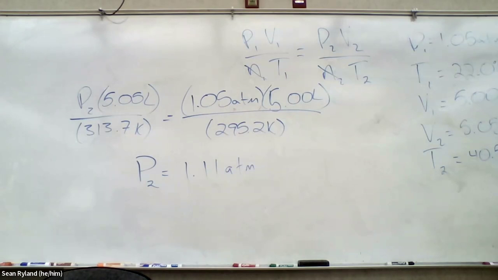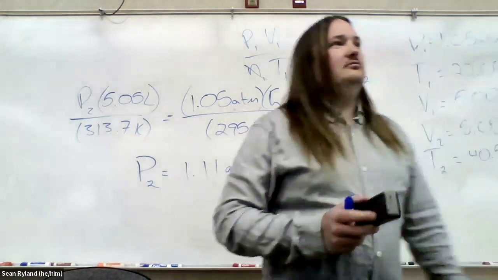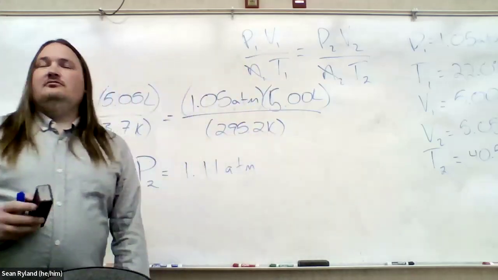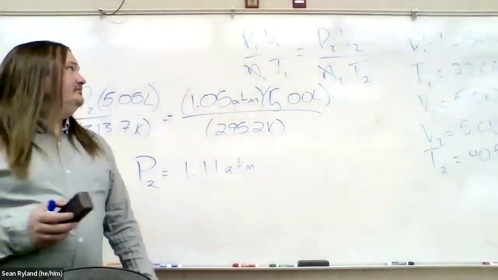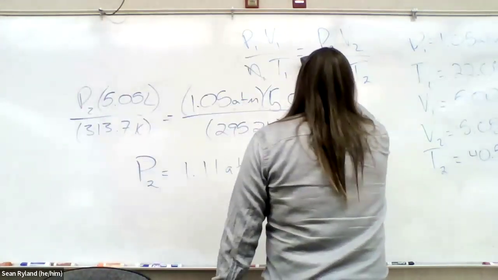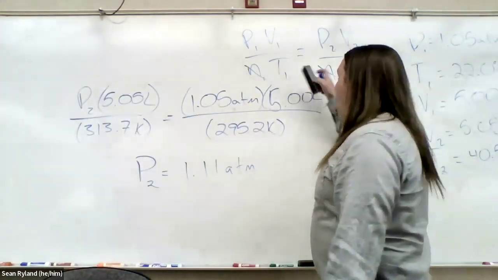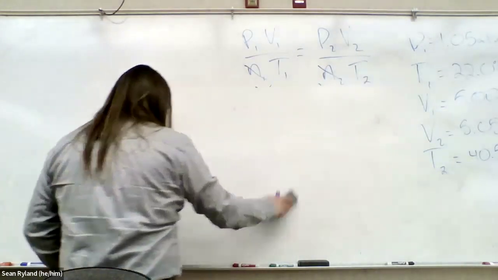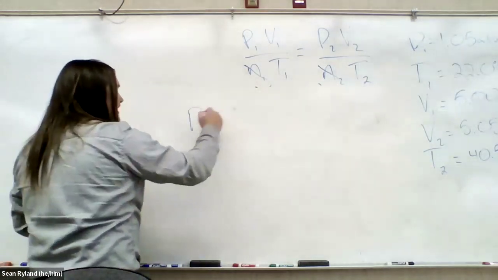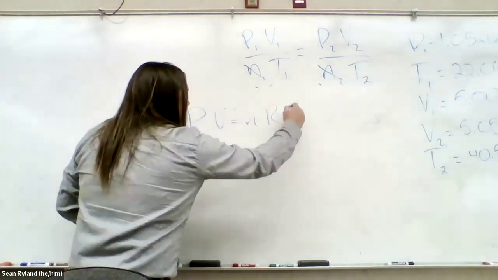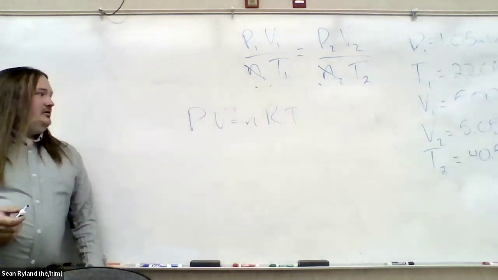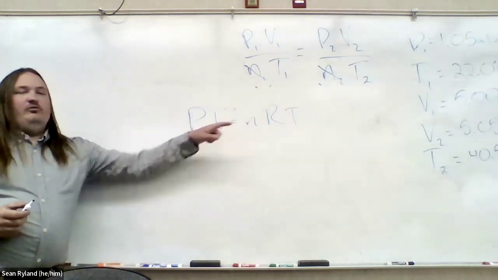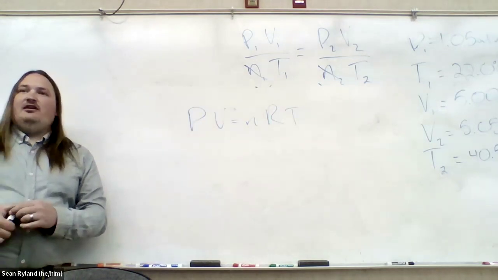All right, we said that n was a constant. We weren't given n. Could we figure out n? Yeah. The other form of this equation, we usually just write like this: PV equals nRT. As long as we have 3 and we know that R is always the same, we can get n.